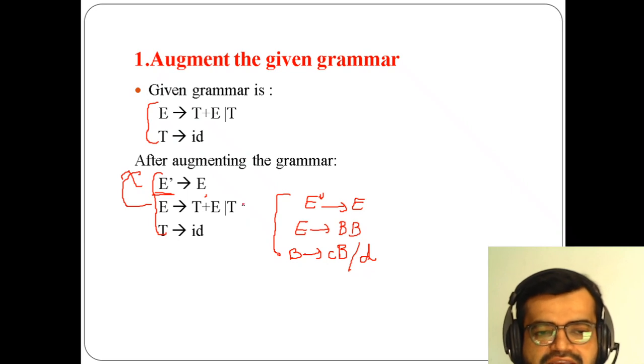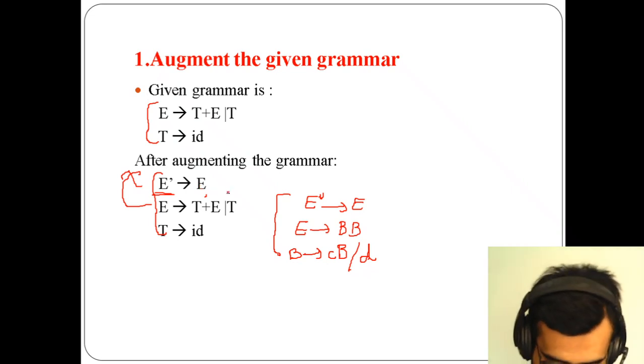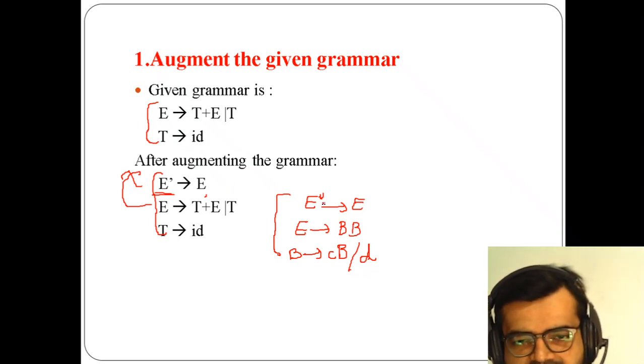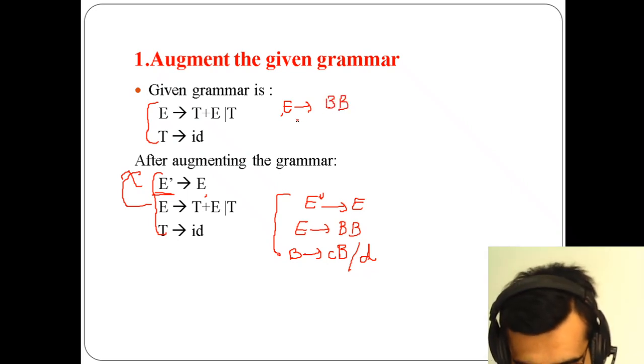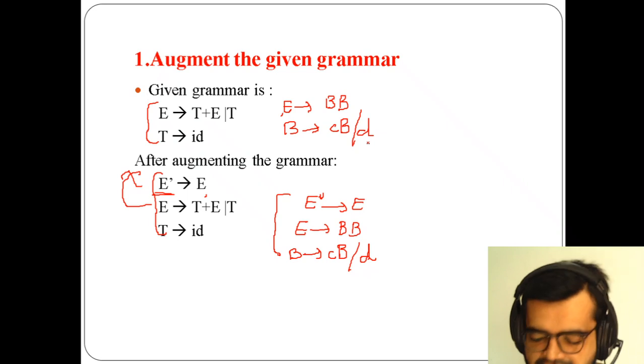I'll be giving a link for this in the description. You can verify that this example is not LR(0). And this is the augmented grammar. So the normal grammar will be E of BB, and B of small c capital B or small d. This is the grammar.